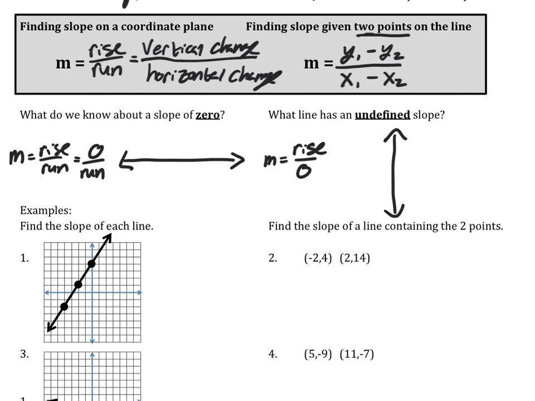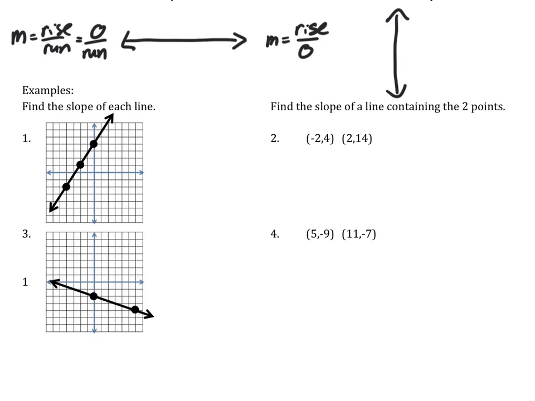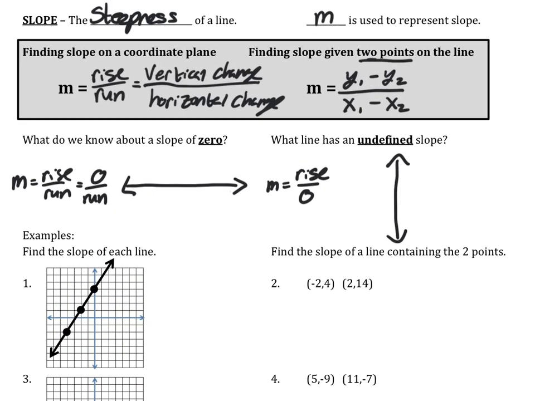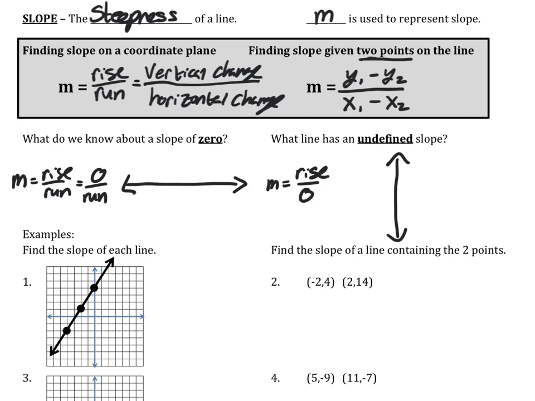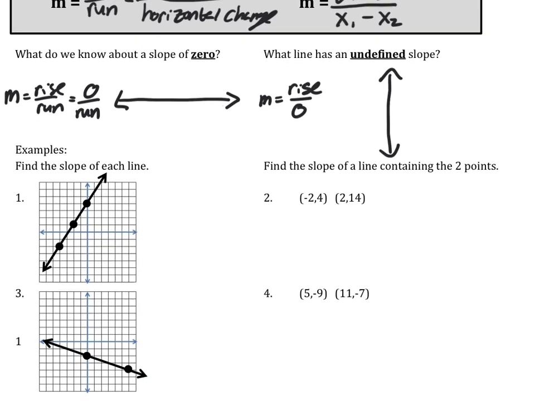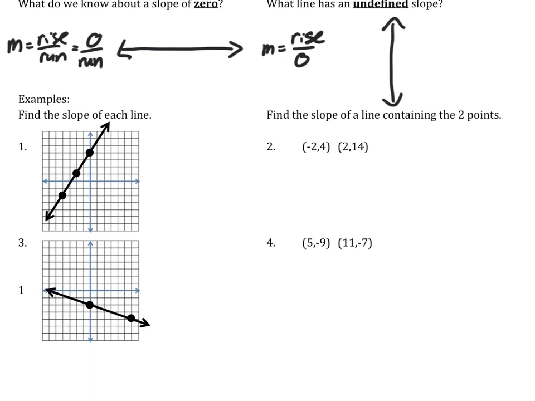So we're going to take a look here at some examples of using either our rise over run analogy or that y1 minus y2 divided by x1 minus x2. So when we're finding slope on a line, like example number 1 here, we want to be reading our graph just like we would read words from left to right.